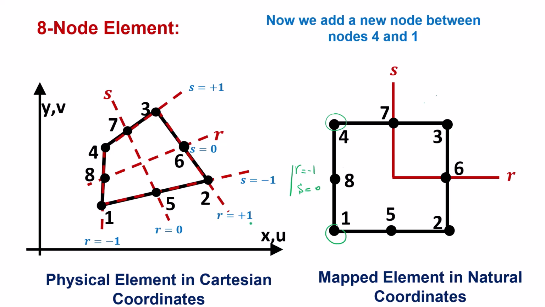With this, every edge of the quadrilateral now has 3 nodes: the bottom, right, top, and left sides. That means all 4 edges have quadratic interpolation. So the 8-node element is the complete second-order isoparametric quadrilateral, where every side is represented by a quadratic curve. This gives a much more accurate interpolation compared to the lower order cases.